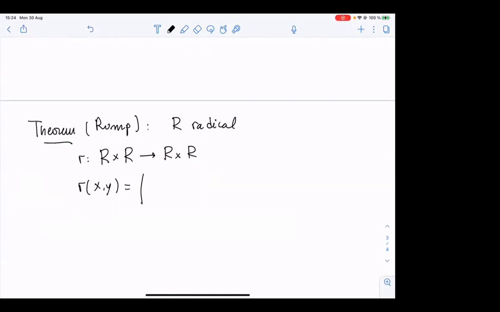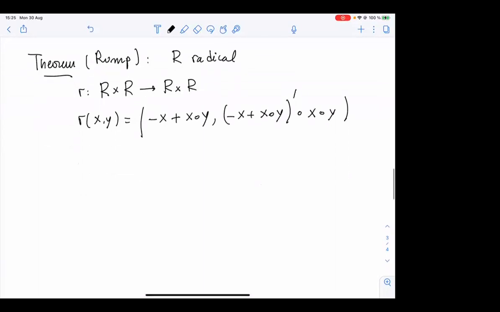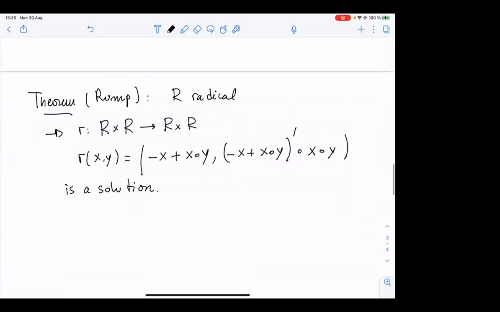I can get rid of the multiplication and write everything in terms of the addition and the circle operation, and this is what I'm going to do. You do this in the first coordinate, and in the second coordinate, you take this element, consider the inverse with respect to the circle operation, and then you do this calculation. If you do this, then this map is a solution, a non-degenerate involutive solution. Okay, so this is a theorem of Rump.